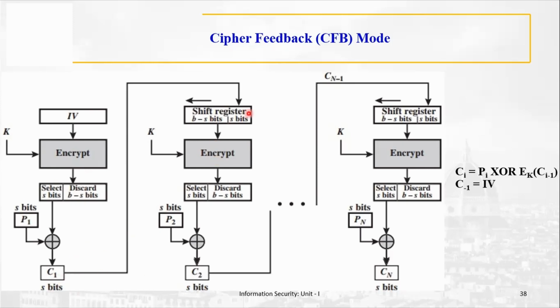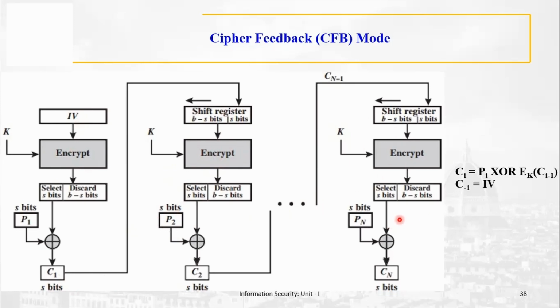So every time, you are not actually encrypting the plain text. You are just encrypting the key itself, so the key is getting encrypted along with the initialization vector. This process is repeated in each round until you get the last block.